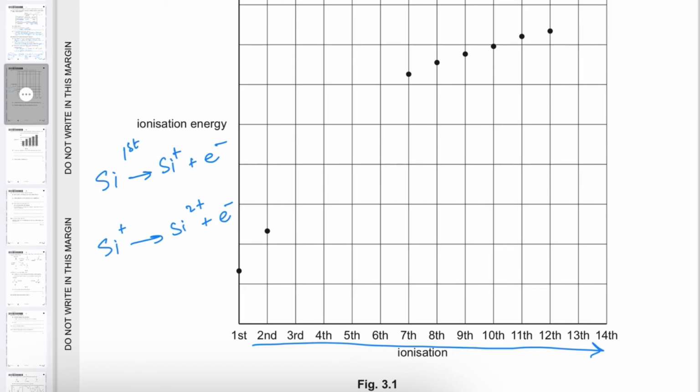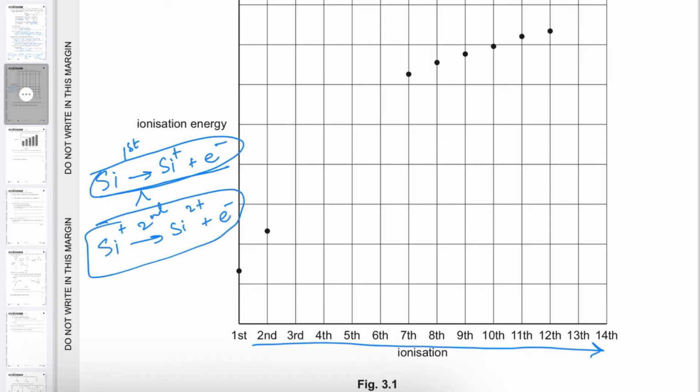The first ionization energy over here is smaller than the second ionization energy, because in the first ionization energy you will remove an electron from a neutral atom. In the second ionization energy, you need the energy to remove an electron from an already positively charged species, which is going to be much harder due to the stronger force of attraction of the positive charge.